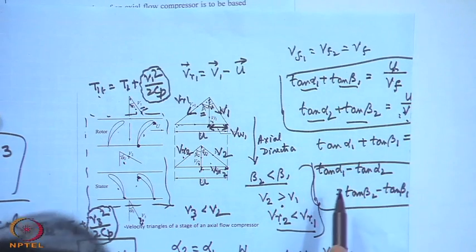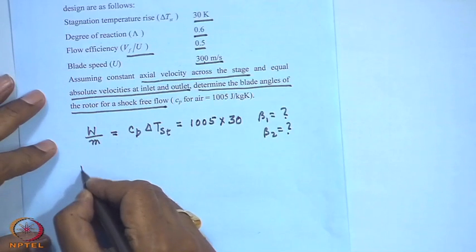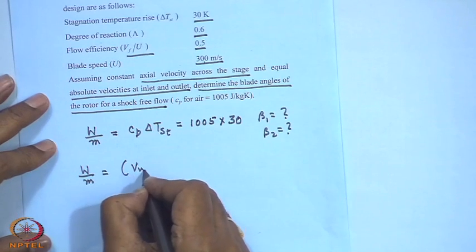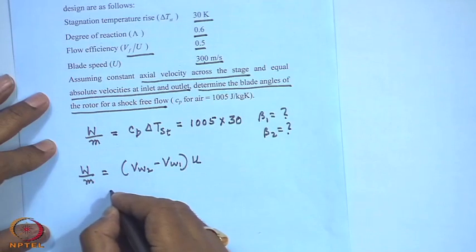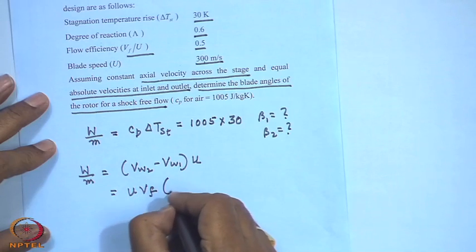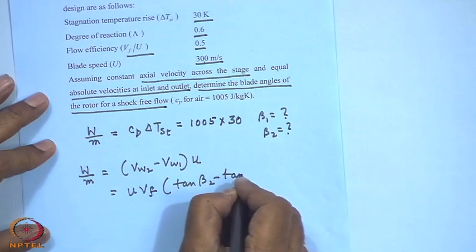Where you will get that formula? I am coming to it again, it was done earlier. If you remember that W by M is (Vw2 minus Vw1) into U, and that becomes equal to U into Vf into (tan beta 2 minus tan beta 1).